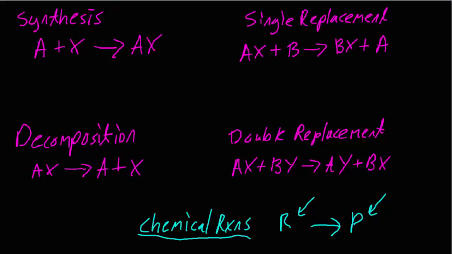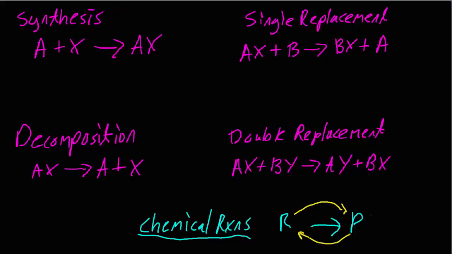The other thing that's good to point out while we're here is that there are some chemical reactions which we say are reversible. What that means is that my reactants will turn into my products, and my products might feed back and turn into my reactants.